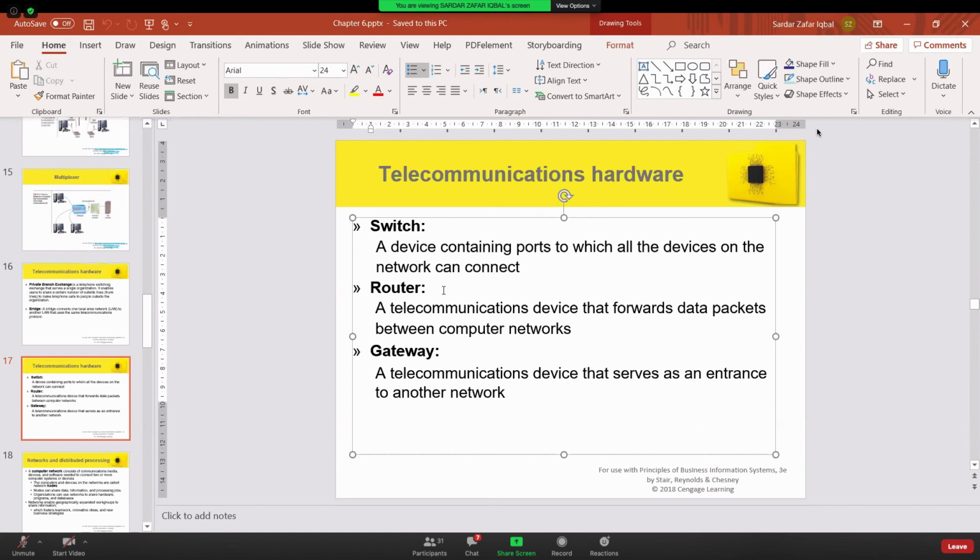In the network room, they put one stand and they have many devices in it. One of them is a switch, and many wires are connected to it. For example, we have 30 computers in our lab and all are connected through wires to the switch. So a switch is basically a device containing ports, maybe 30, maybe 40, to which all the devices on the network can connect. I can show you here.